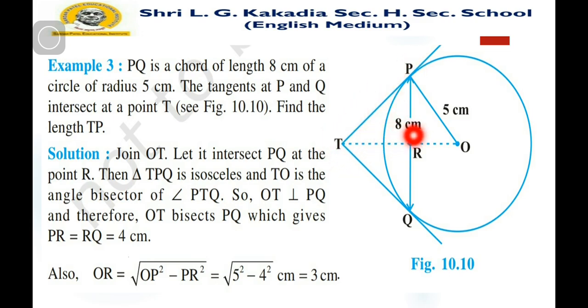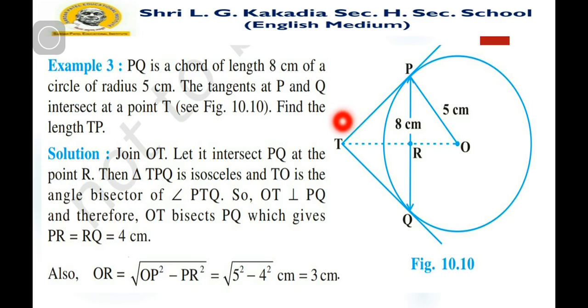Angle PTR and angle OPR are equal, and since angles PRT and PRO are right angles, we can prove that the remaining angles TPR and POR are also equal. So both the triangles are similar, and by that way we can find TP.